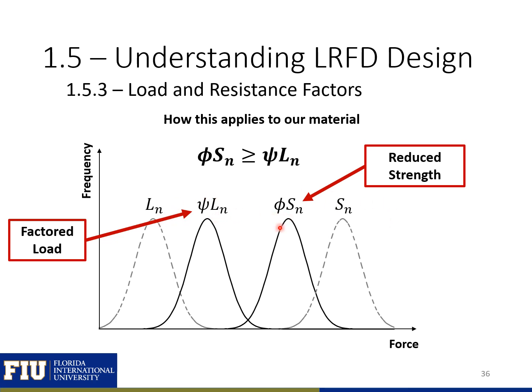And the goal of LRFD is to limit the number of occurrences where our reduced strength on the lower end of this Gaussian curve is less than our factored load on the right side of this Gaussian curve. So we want to limit this area here, or the point where our reduced strength is greater than our factored load.